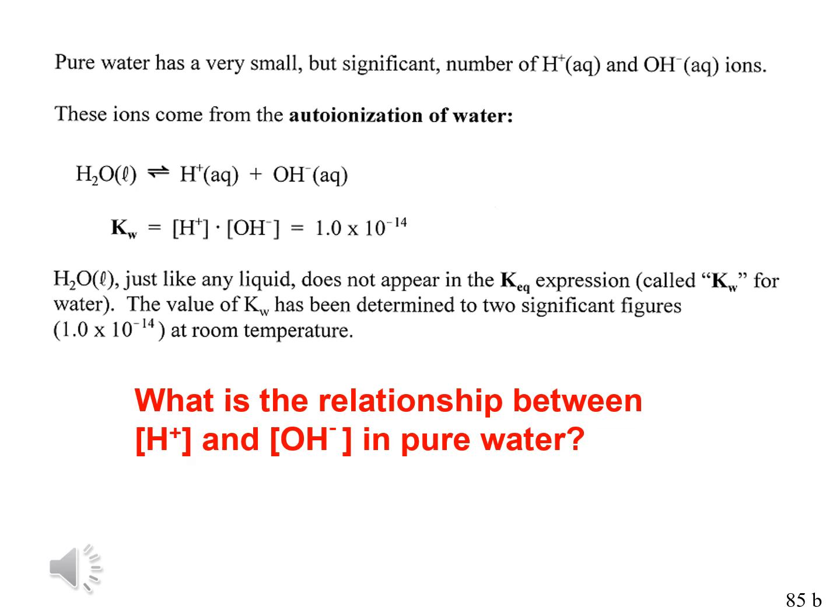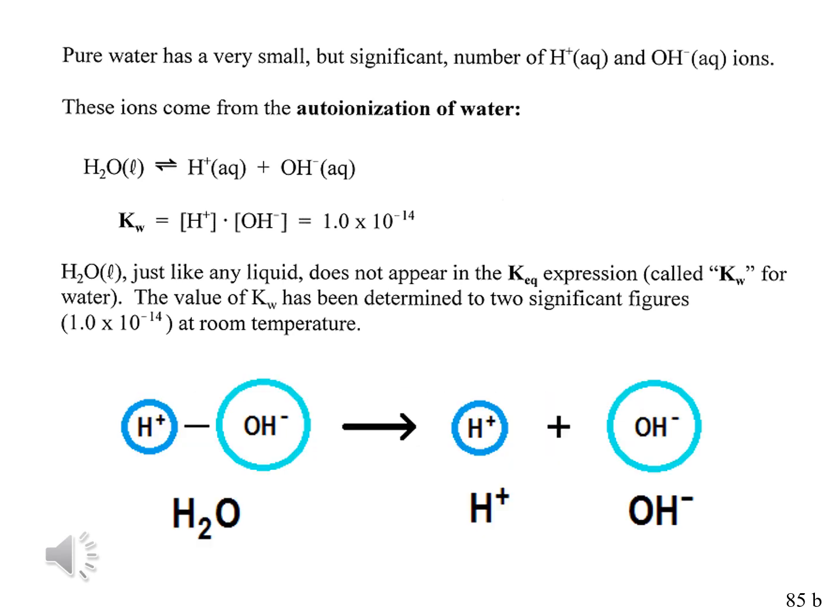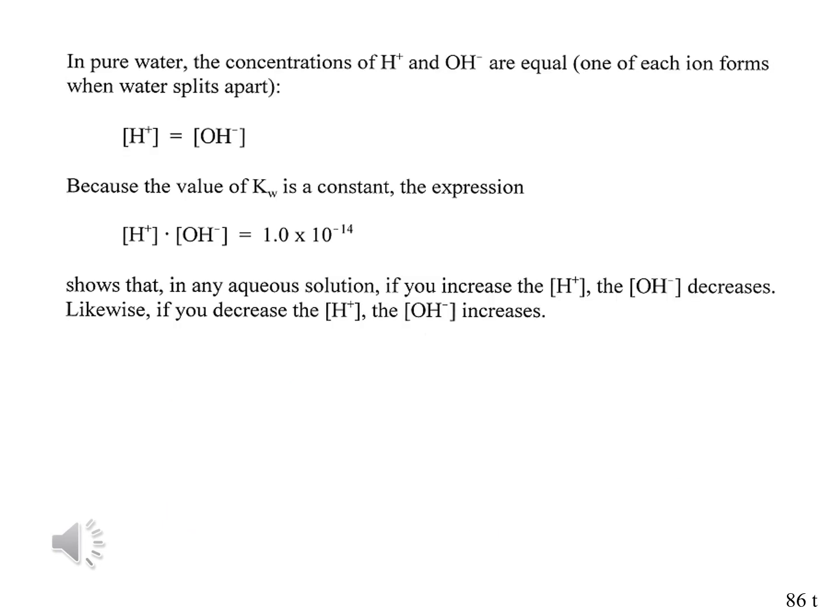The first question is, what is the relationship between the concentration of H plus and OH minus in pure water? Since the water is splitting apart 1-to-1 into H plus and OH, you're actually going to get equal amounts of H plus and OH, and so in pure water the two ions are equal. If you do not have pure water, let's suppose you put in an acid so that the H plus goes up.